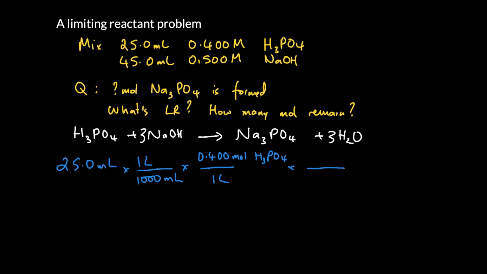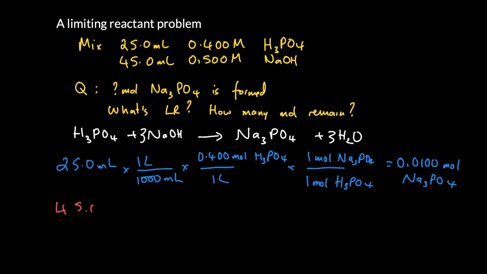The balanced equation gives us the ratio, so there's 1 phosphoric acid to 3 sodium hydroxides, or actually let's calculate the sodium phosphate. So 1 mole to 1 mole. And that gives us a grand total of 0.01 moles sodium phosphate.